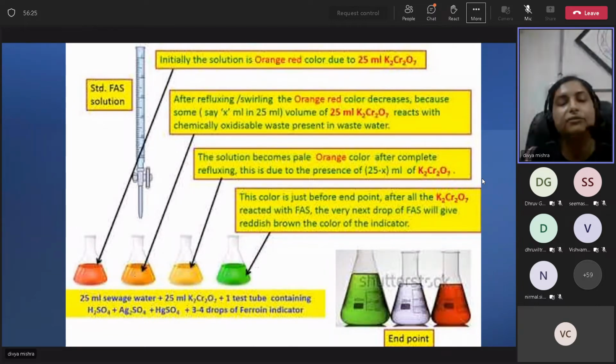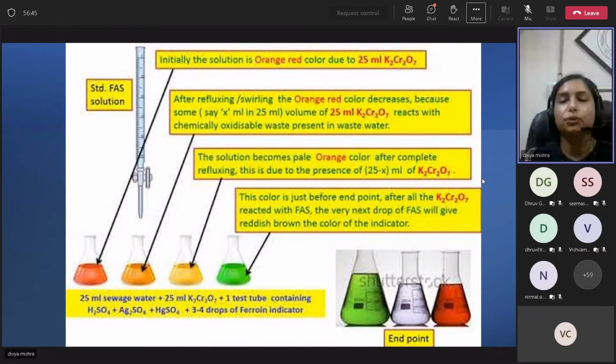So the color will be orange red. Then after this, it will be allowed to cool, and this will be the original color, green.